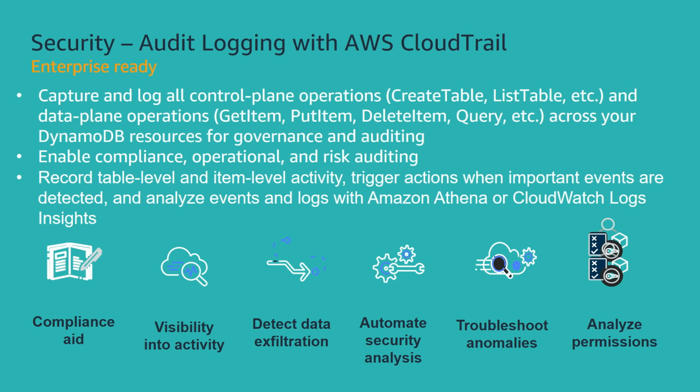Once enabled, you get a CloudTrail with all management events automatically and at no charge. And then you also have several different data plane event sources that you can opt in to, depending on your particular application and compliance needs. And of course, DynamoDB is fully integrated with CloudTrail, so whatever you're doing on CloudTrail, you will get the information in the service.